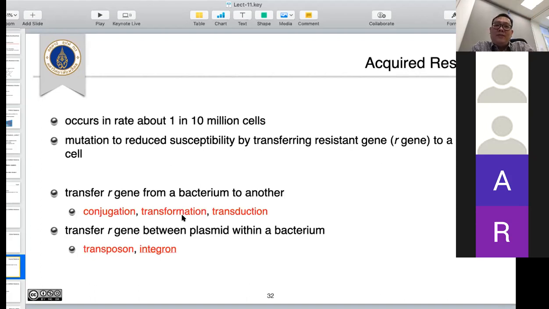Transduction uses a virus, in this case a bacteriophage, that infects bacteria with the R gene and incorporates the R gene in the viral genome. Once the virus lyses the bacteria, it infects another bacteria, then transfers the R gene to the second bacteria. Okay, the R gene can be in a plasmid and spread within bacteria. I mean, spread from plasmid to the chromosome.